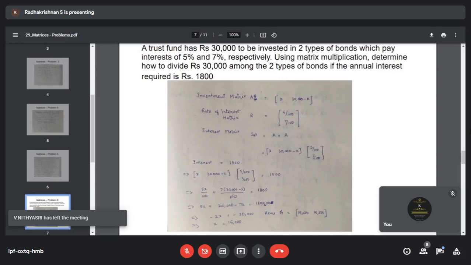Sir, only the last 2 steps didn't come. Okay, which step is it? The last 2 steps. Okay, this step you understand, right? 5x by 100 plus 7 into 30,000 minus x. Yes sir. So you just multiply by 100. Okay, then you get 5x plus... Sir, but can we take it like this when it is in matrix form? It is not a matrix now, the matrix has become just one term, right? So that matrix is just one term, and that value is equal to 1800.